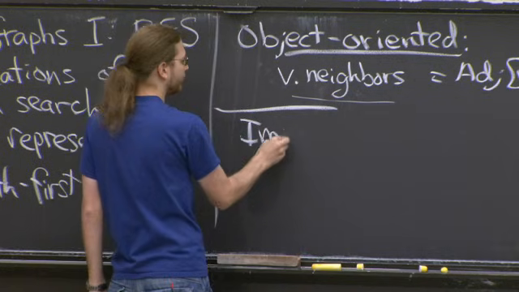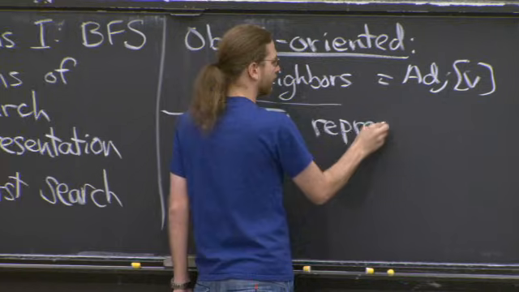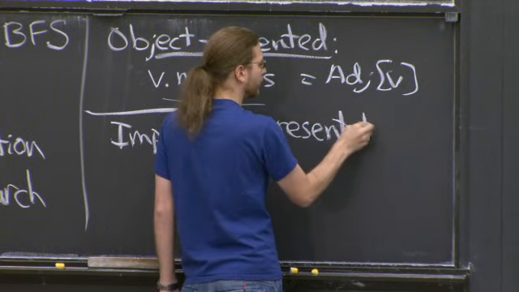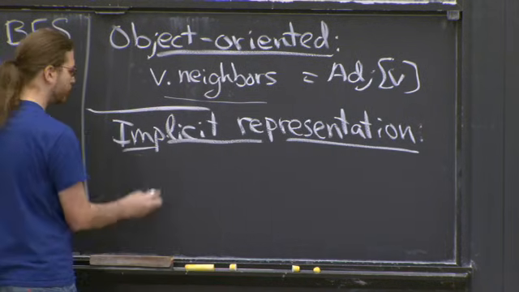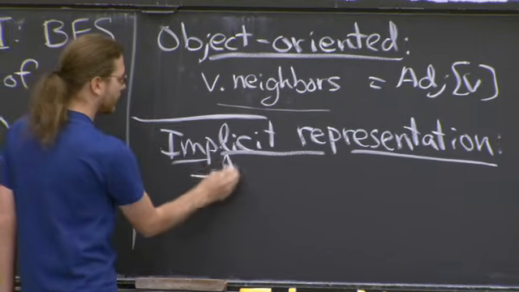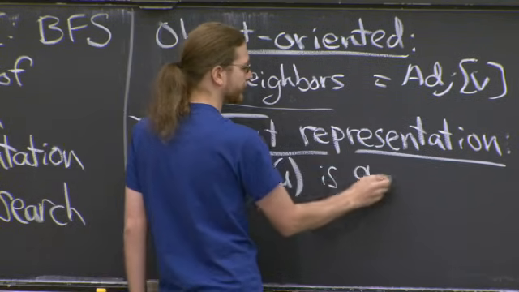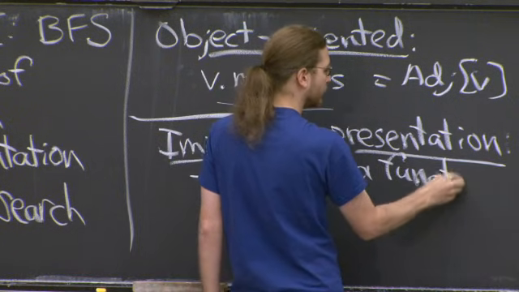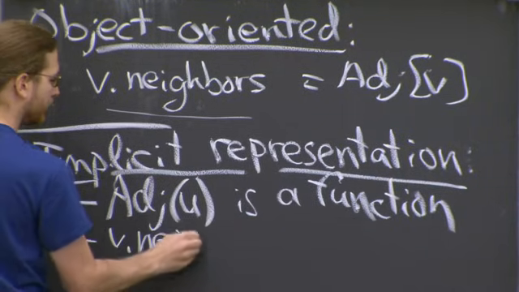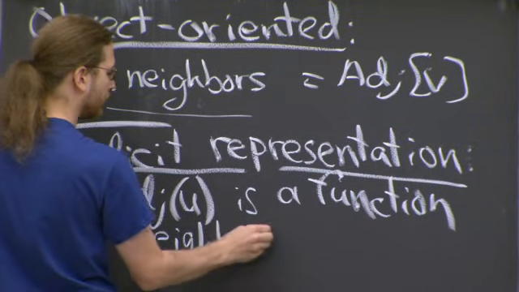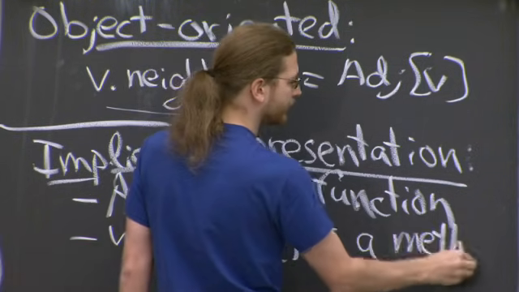You can also do implicitly represented graphs. Which would be to say ADJ of u is a function, or v dot neighbors is a method of the vertex class.